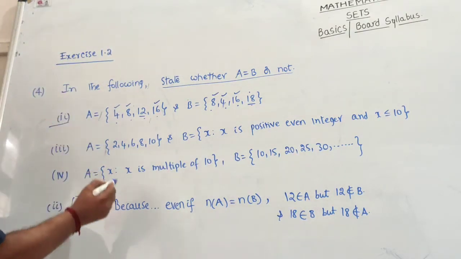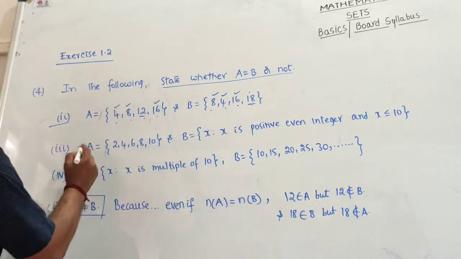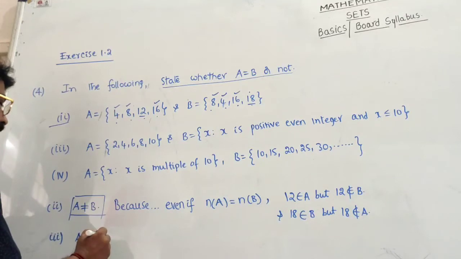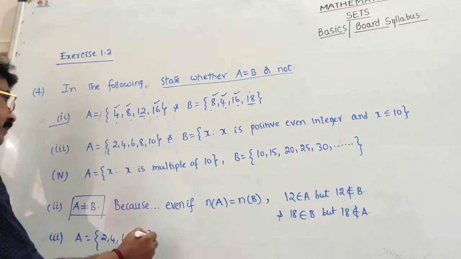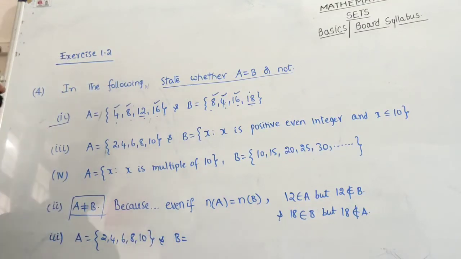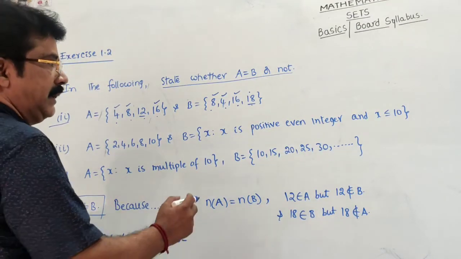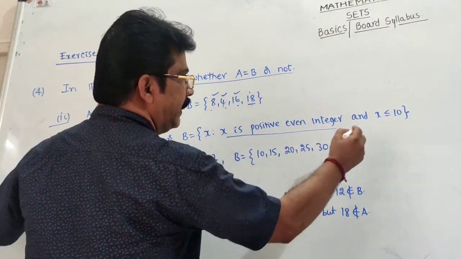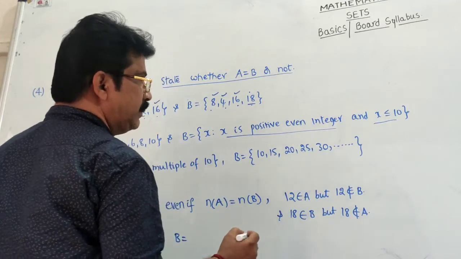Next, number 3. A equal to the set of 2, 4, 6, 8, 10, and capital B is given in set builder form: x is a positive even integer and x is less than or equal to 10.